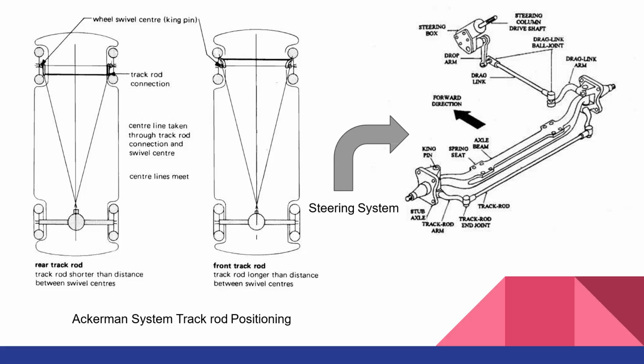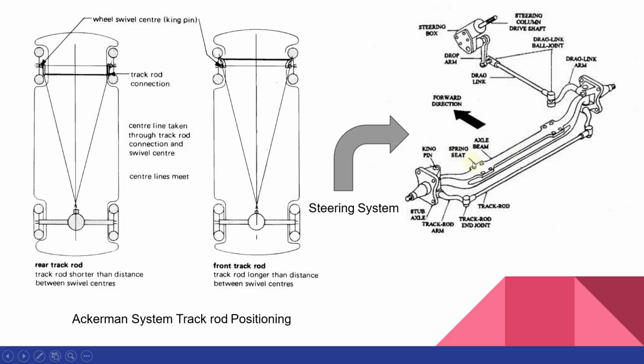Now let us look at the different common parts of the steering system. In a steering system, we have an axle beam, which is a fixed component, commonly having an I section in order to reduce weight and increase rigidity. So this axle beam will always have an I section.